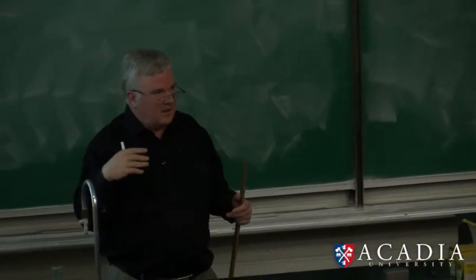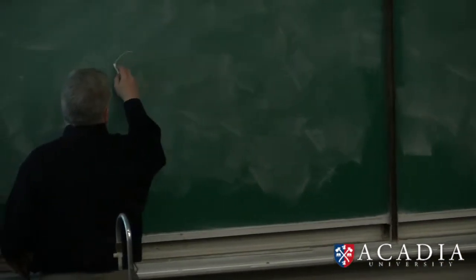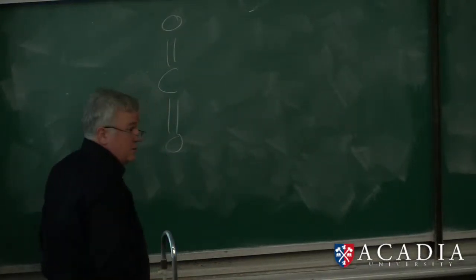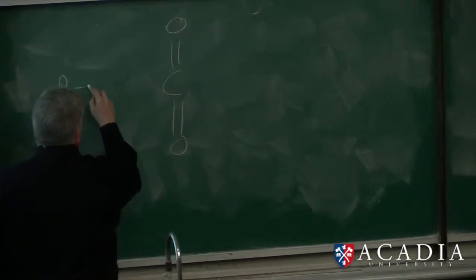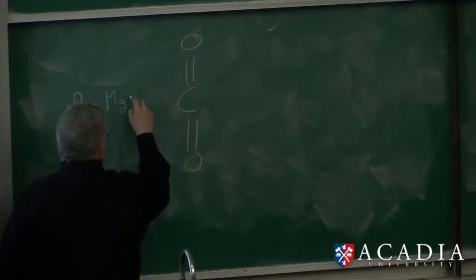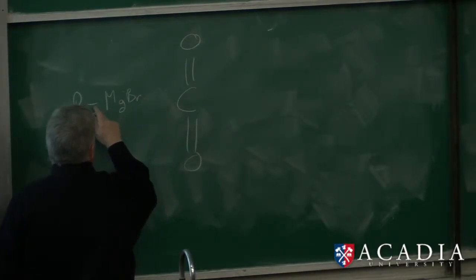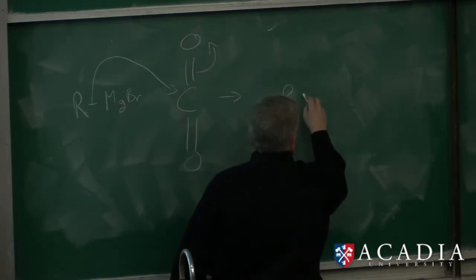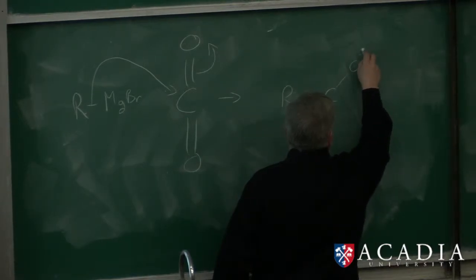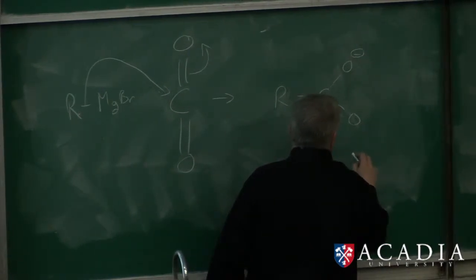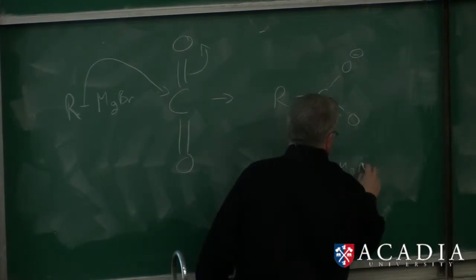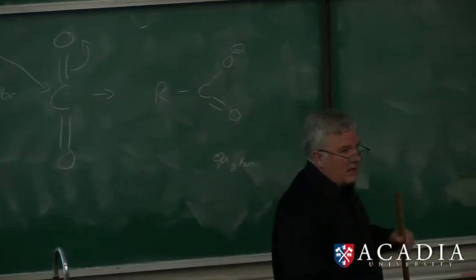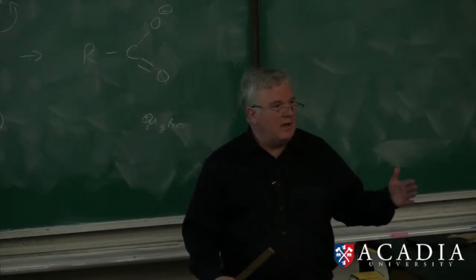It actually has 2 oxygens bonded to it, but it has this carbonyl functionality and then another oxygen bonded to it below, and we can react this to get this carboxylate. This is a convenient way to make carboxylic acids, and it's a convenient way to form a carbon-carbon bond as well.